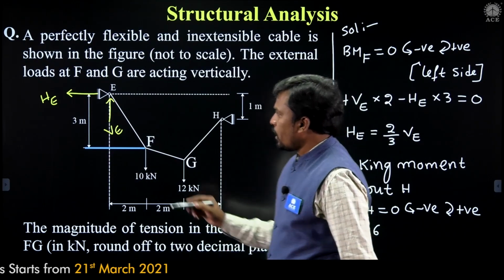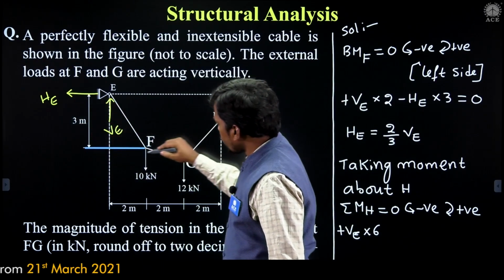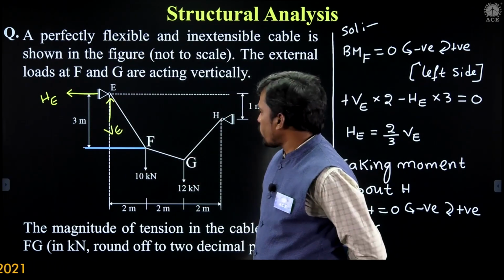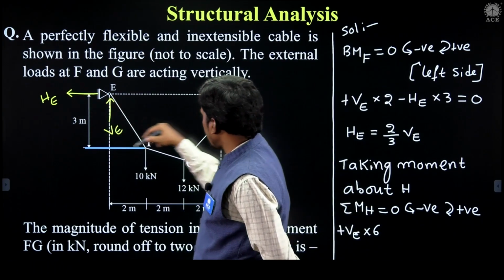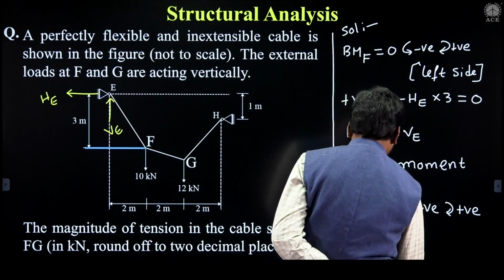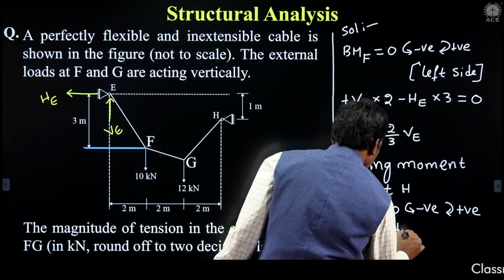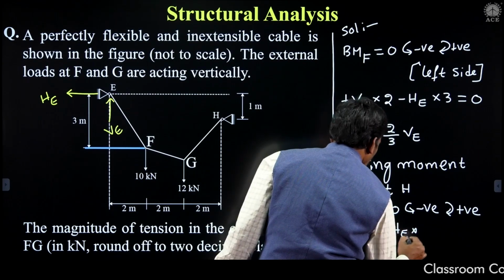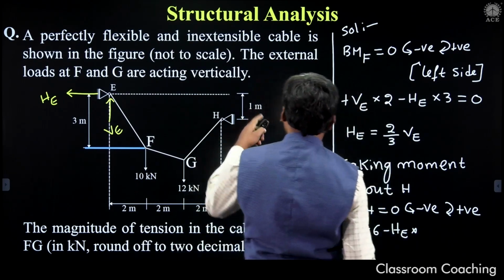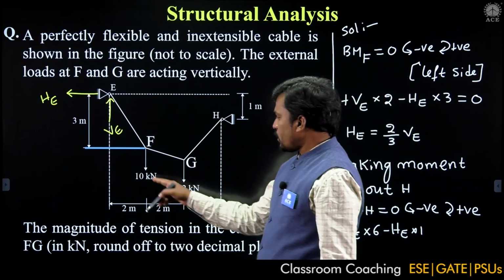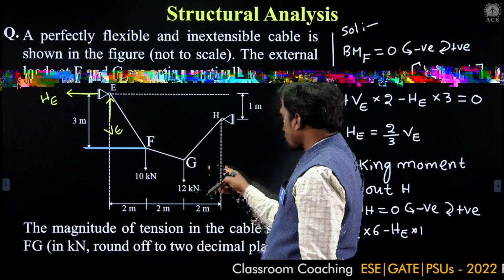6 meter. And HE, clockwise or anti-clockwise towards H? This is anti-clockwise, then minus HE. What is the perpendicular distance? 1 meter. Yes, 1 meter. And here 10 into the perpendicular distance 4.